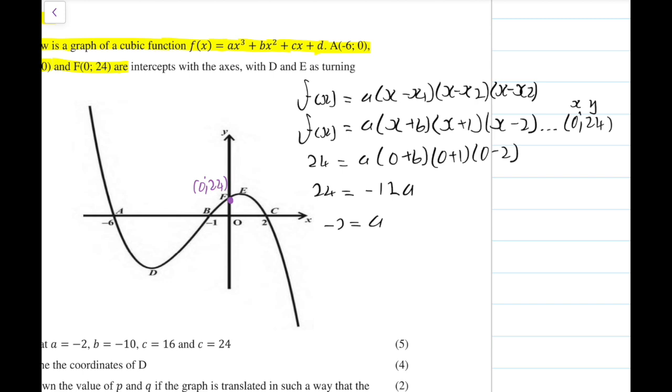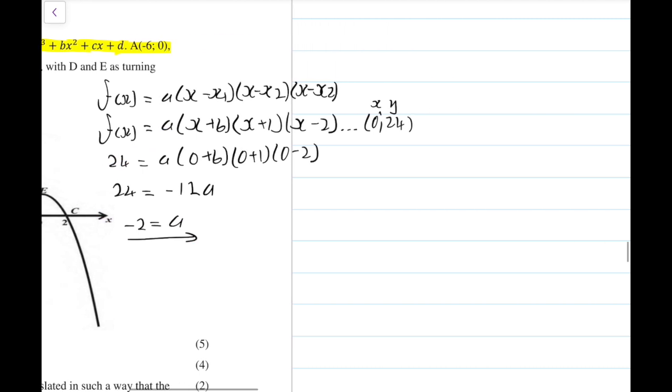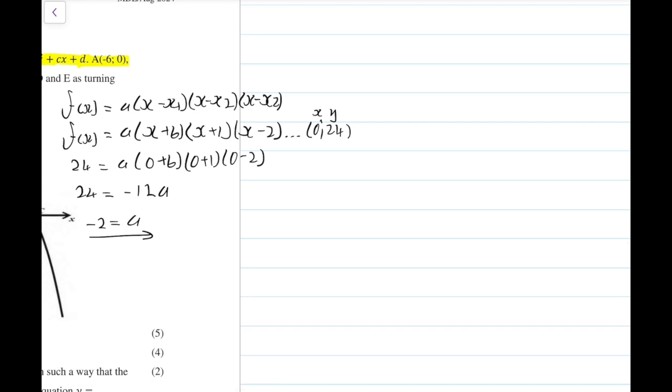Now, minus 2 is going to be distributed there. I'm pretty sure one of the questions will ask us to find the equation of this function, so I just want to show you what it would look like. We're going to put minus 2 here, and it's going to be (x plus 6)(x plus 1)(x minus 2).